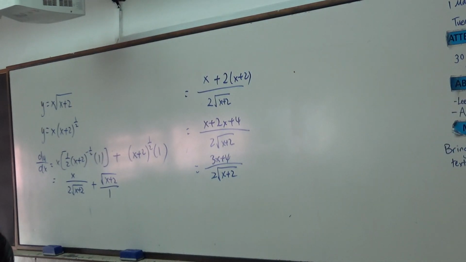Yes or no? So this is my dy dx. Is there any problem here? No. Next. Explain why the curve has only one stationary point and determine the nature of the stationary point. Actually, I don't understand why they asked this, but never mind. Let's take a look.